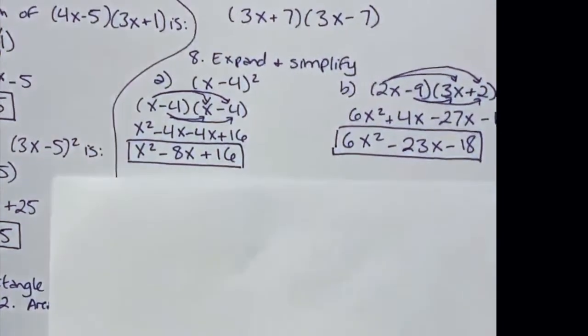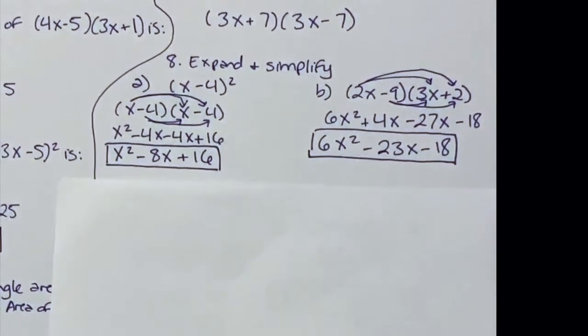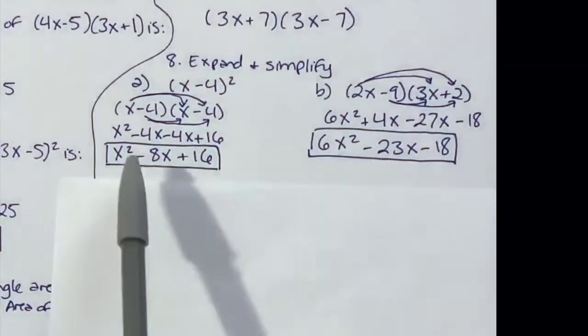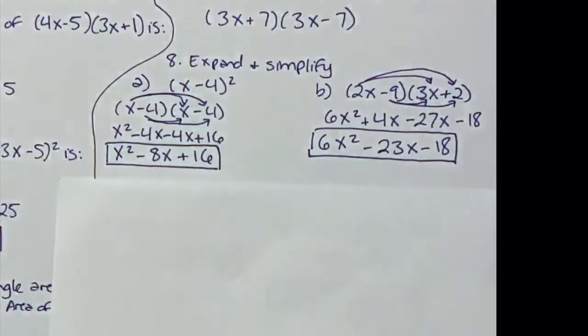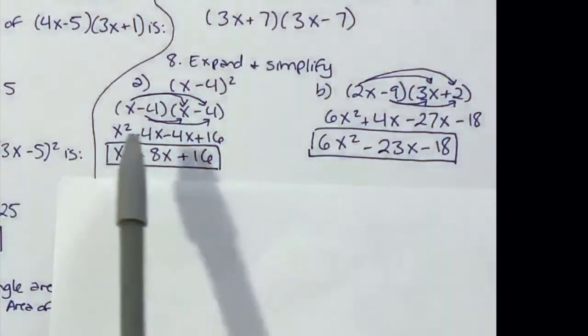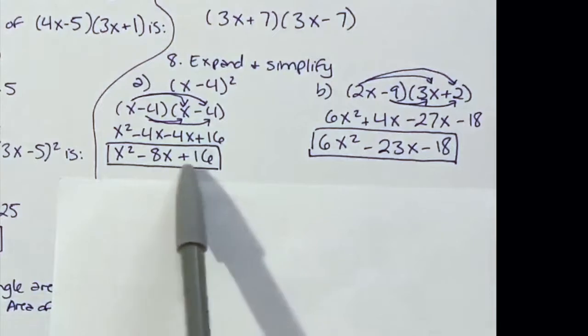Number 8. We had two questions that asked us to expand and simplify. So for the first one, we have x minus 4 squared. Again, we can rewrite this as x minus 4 times x minus 4. Again, everything in the first bracket times everything in the second bracket. You end up with that long line of terms, and then you combine your like terms.